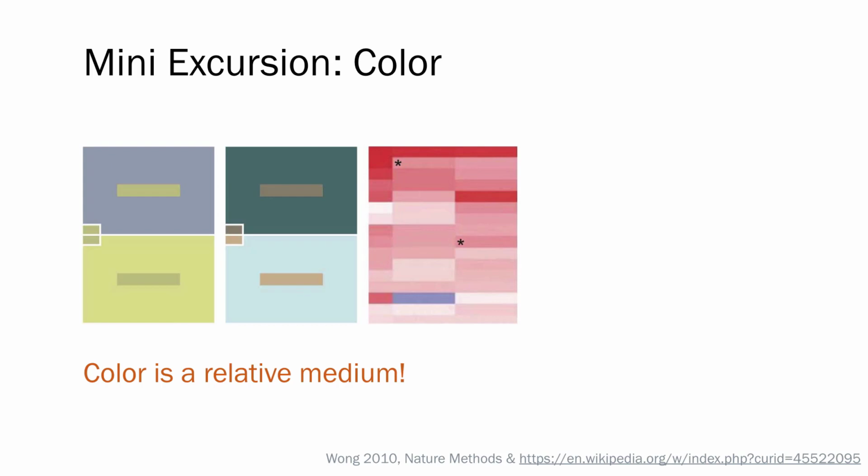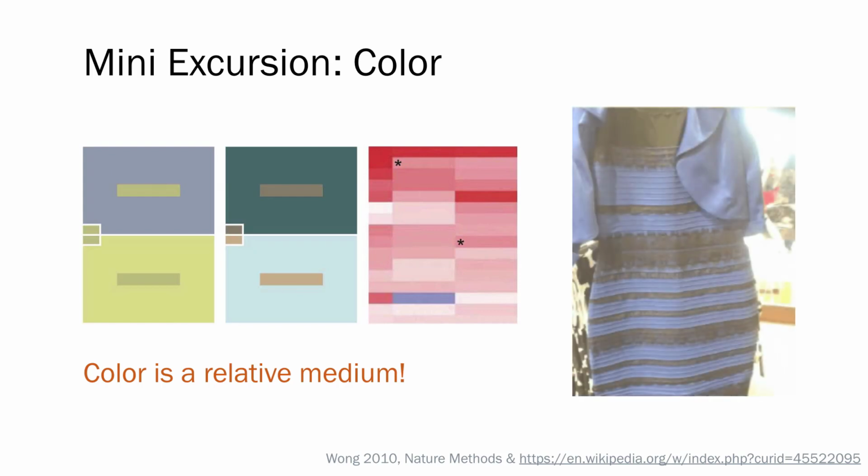Here are some examples where this is even more extreme, where you can make 2 colors that are actually the same look very different, or make 2 different colors look the same. If you remember the dress example, nobody really knew what color it was until someone revealed it. So there are a lot of problems with interpreting colors. Never try to map the color that you see back to any quantity.